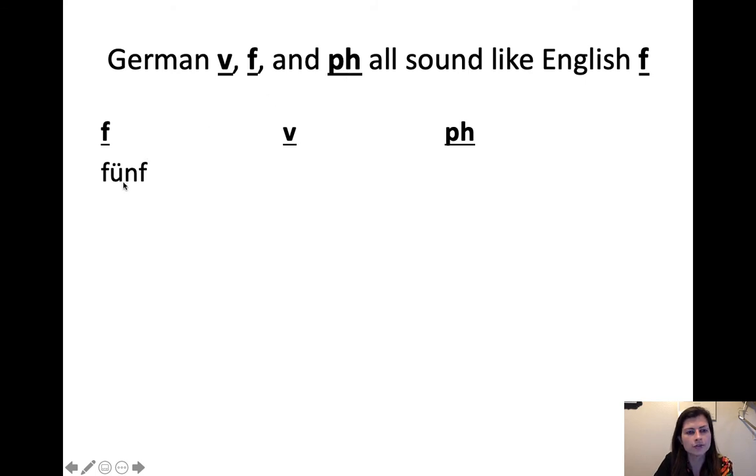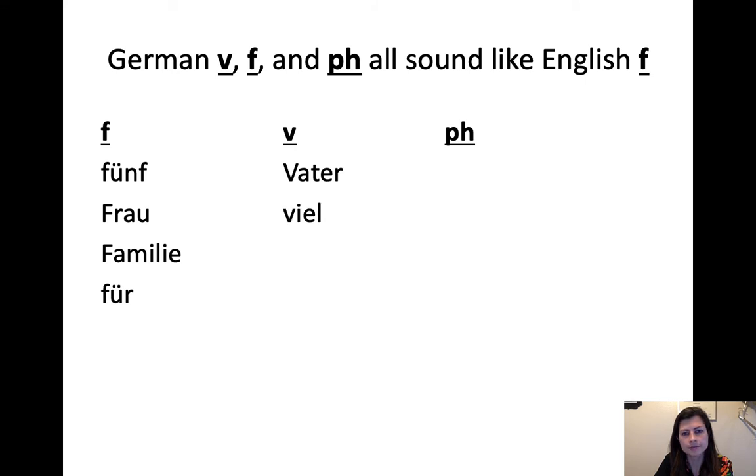So fünf, Frau, Familie, für, Vater, viel, vier, bevor, Physik, Philosophie.